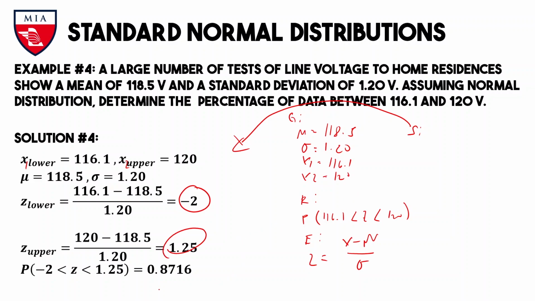Therefore, the probability is z greater than negative 2 but less than 1.25. How did we come up with this value? Let's use the calculator.